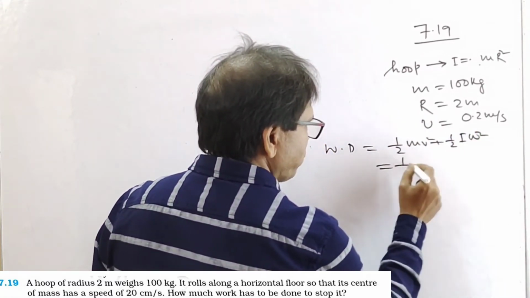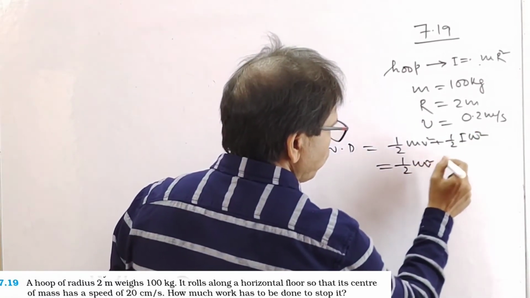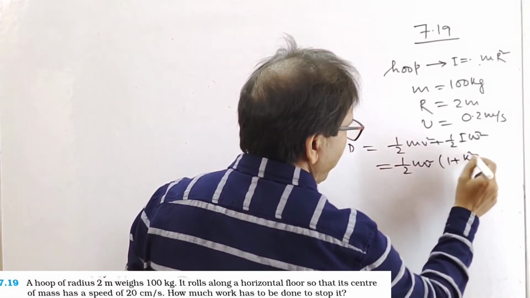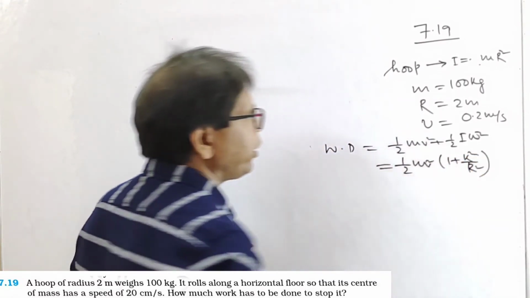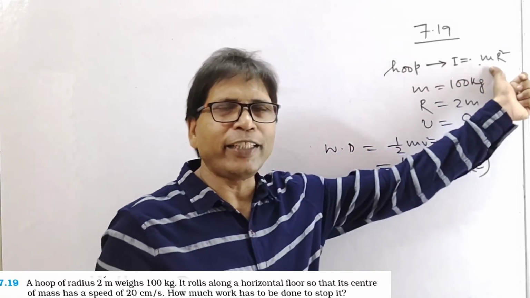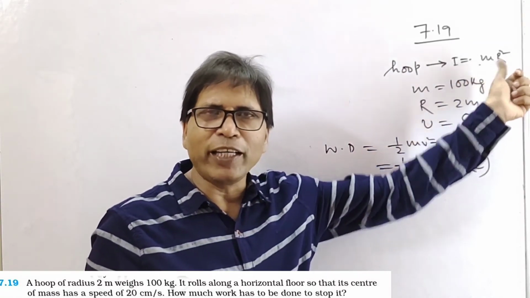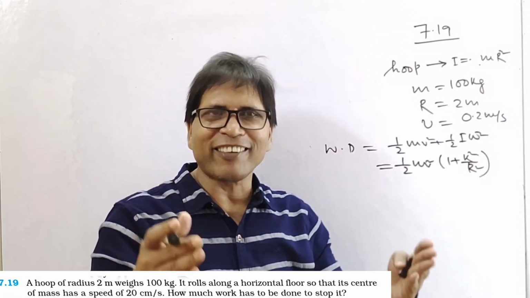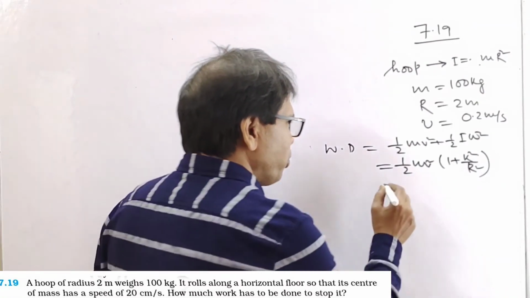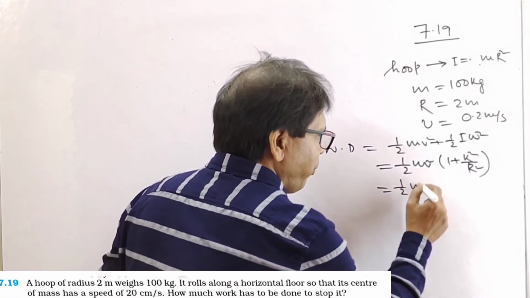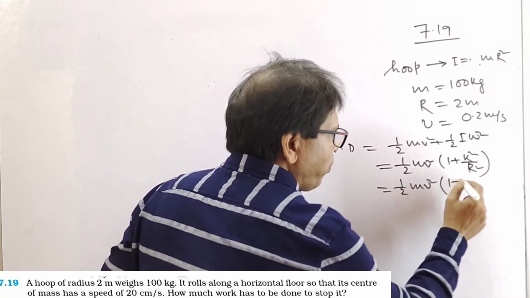Now this becomes half mv² into 1 plus k² by r². Now look at this, its moment of inertia is mr², so mr² equals mk². So k² by r² equals 1. So this is half mv² into 1 plus 1.